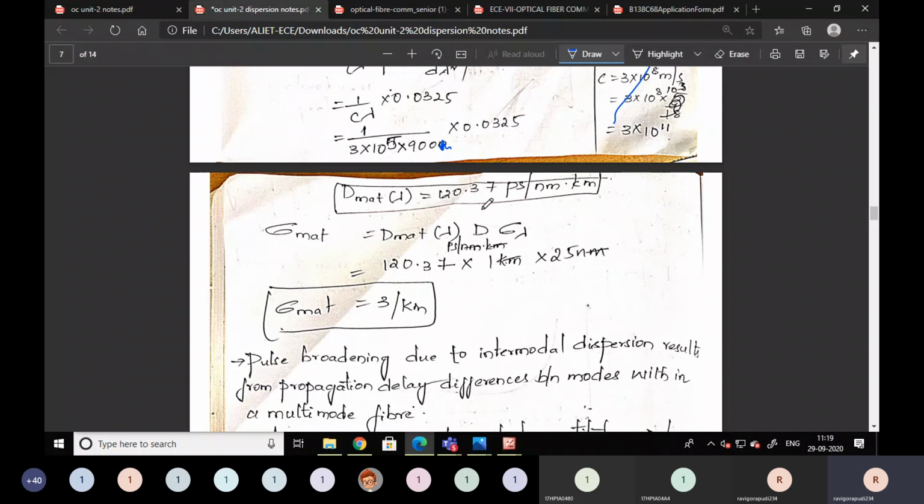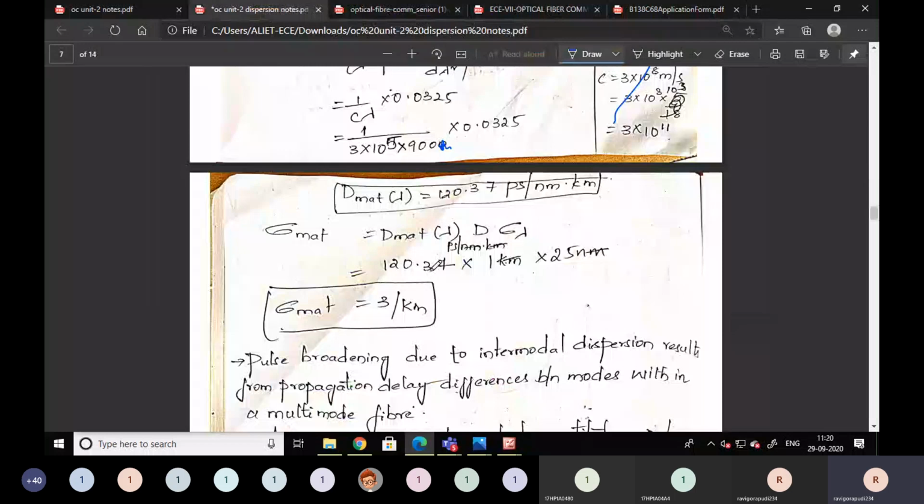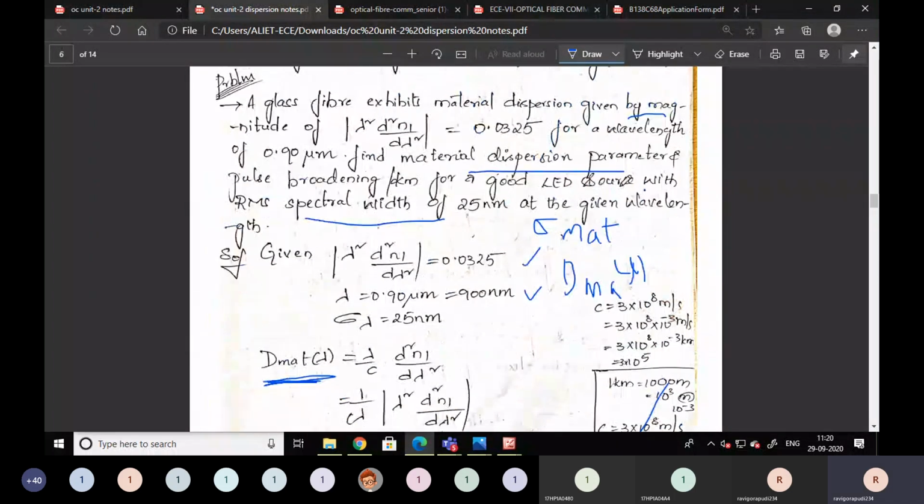Are you following or not? Yes, sir. 3 into 10 power 5. So again I'm saying that 0.0325 by 3 into 900 into 10 power 5, that value must be 120.37 picoseconds per nanometer kilometer. D mat of lambda, the dispersion parameter, we found.